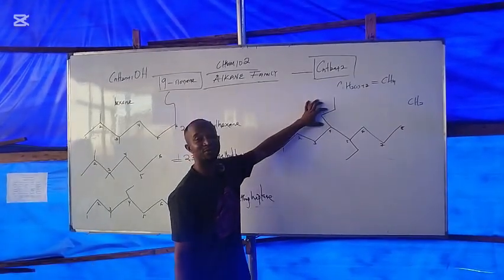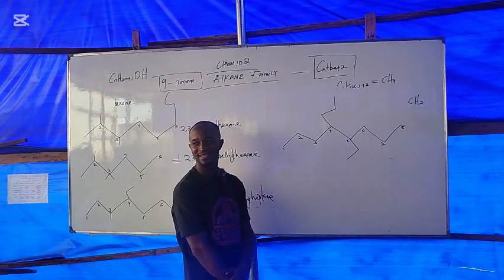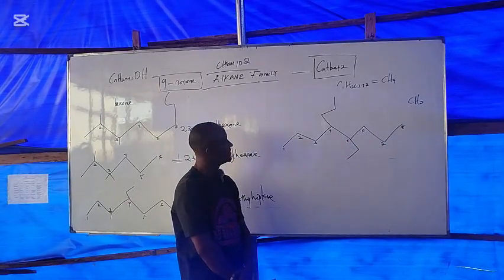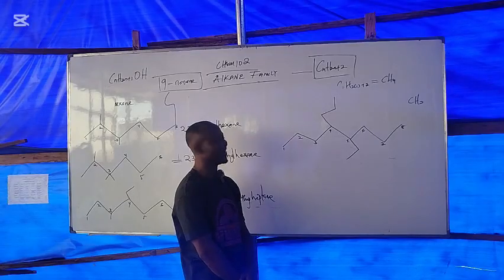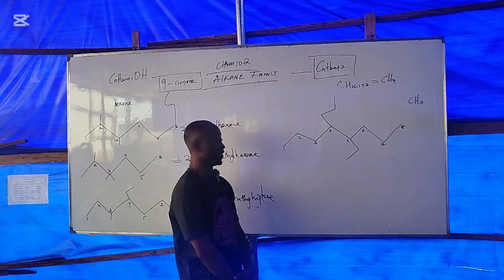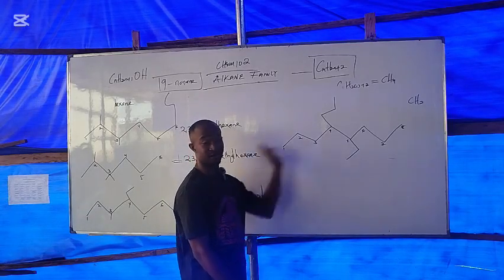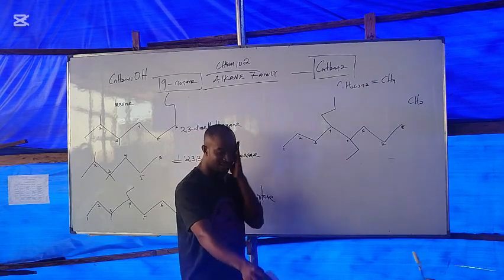This substituent group here, is it the same as this? So why are you not saying 4, 5 di? 5 ethyl, 4 what? Propyl, octane. You're saying what?